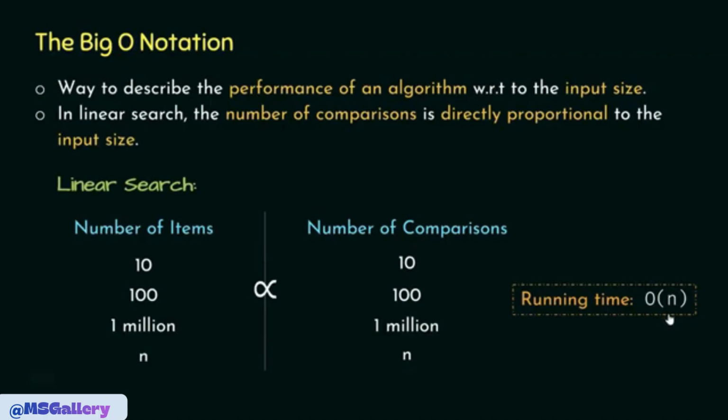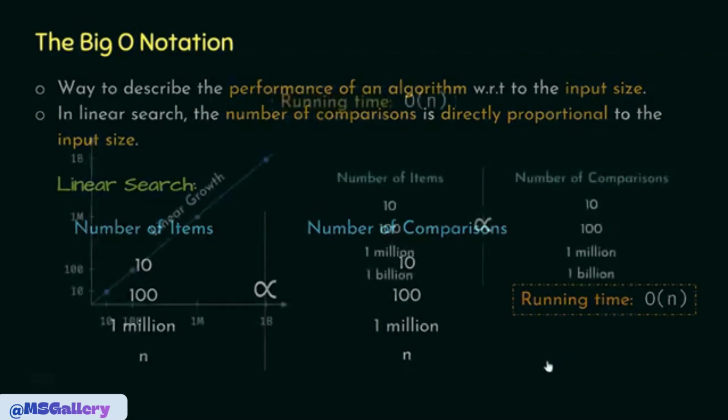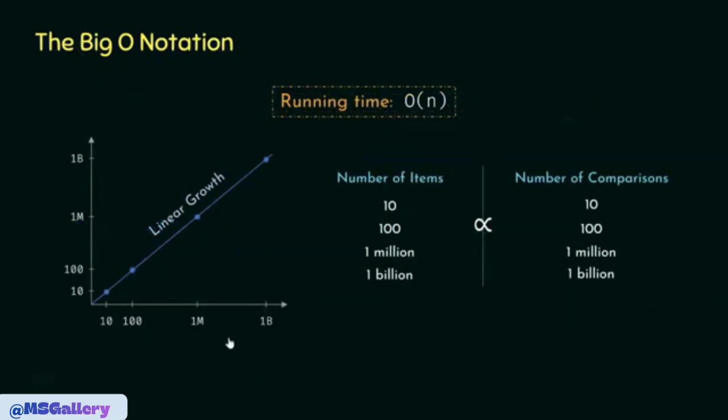Now let's visualize the running time through the graph. This is how we can visualize the running time. We took this table of the number of items and the number of comparisons, and by using this table, I have plotted this graph. The x-axis represents the number of items, and the y-axis represents the number of comparisons. If there are 10 items, then there are 10 comparisons. If there are 100 items, there are 100 comparisons.